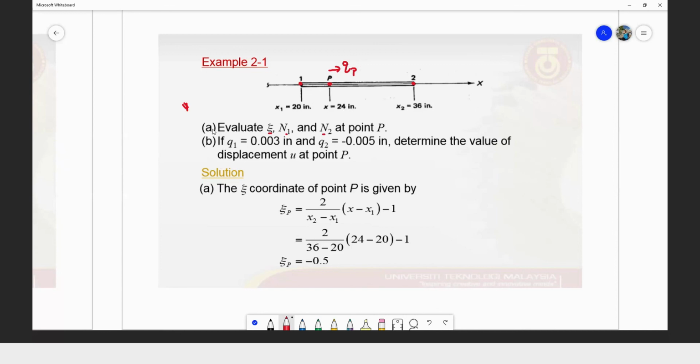So untuk A, we just straight away substitute in the natural coordinate system untuk dapatkan z pada point P. So 2 over the length of the element, 36 minus 20, and then x 24, x1 20.